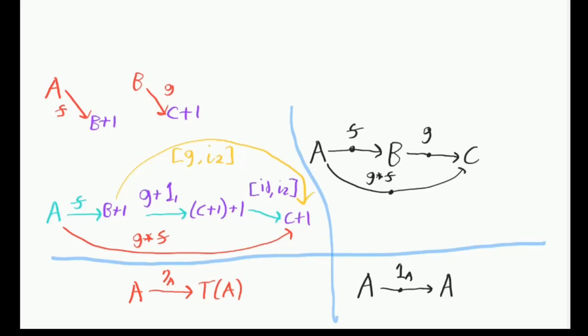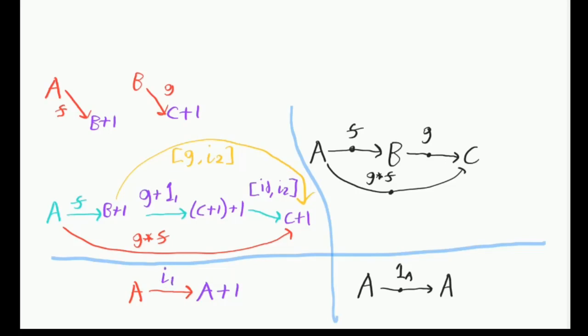And finally, what's an identity arrow of this Kleisli category? Well, that's going to be an arrow from A to T of A, and remember, T of A for us now is A plus 1. In fact, this Kleisli identity arrow is just going to correspond to the ordinary arrow, which is just the first injection here, I1.